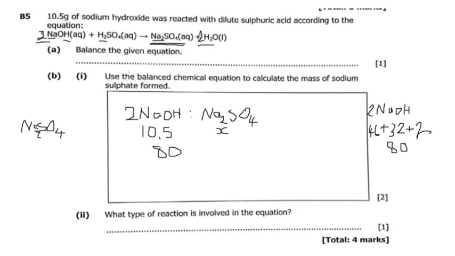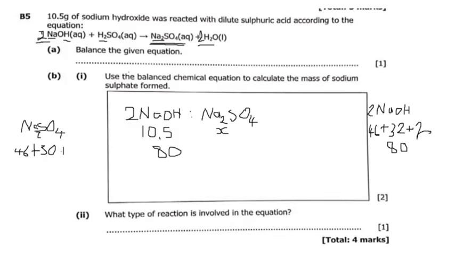So 2 times the mass number of sodium, which is 23, will give us 46 here. Okay, then how many sulfur do we have there? We have 1. Sulfur has the mass number 30. So 1 multiplied by 30 gives us 30.